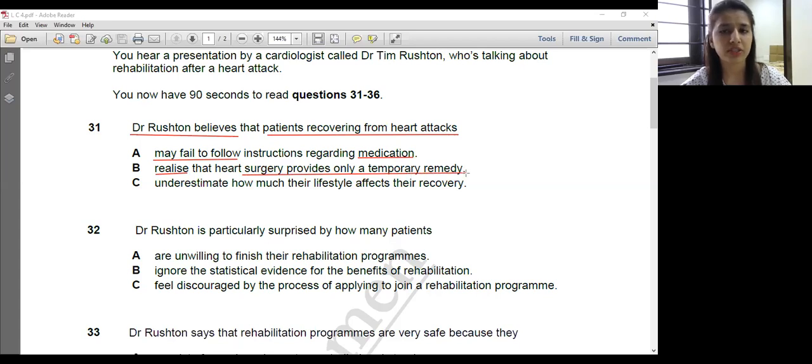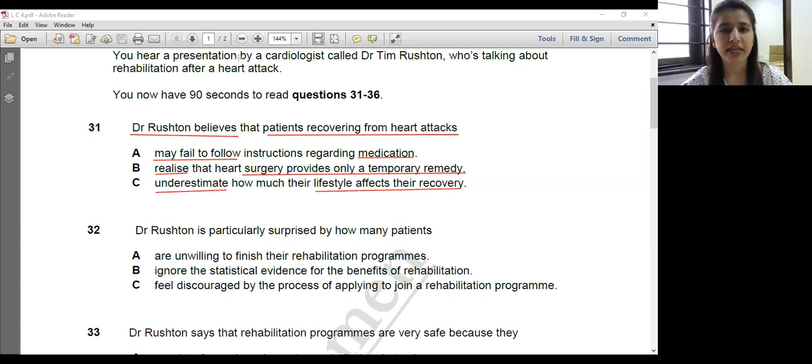So they acknowledge the fact that they haven't recovered, or they haven't overcome the risk of further heart attacks, and underestimate, miscalculate, underestimate how much their lifestyle affects their recovery.